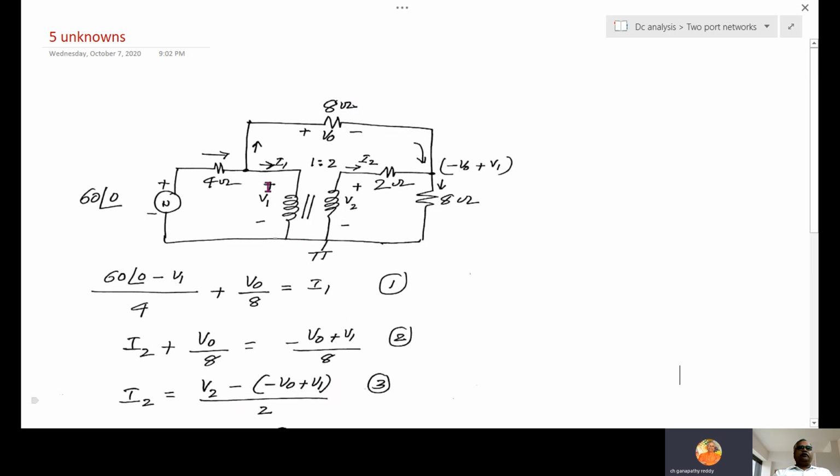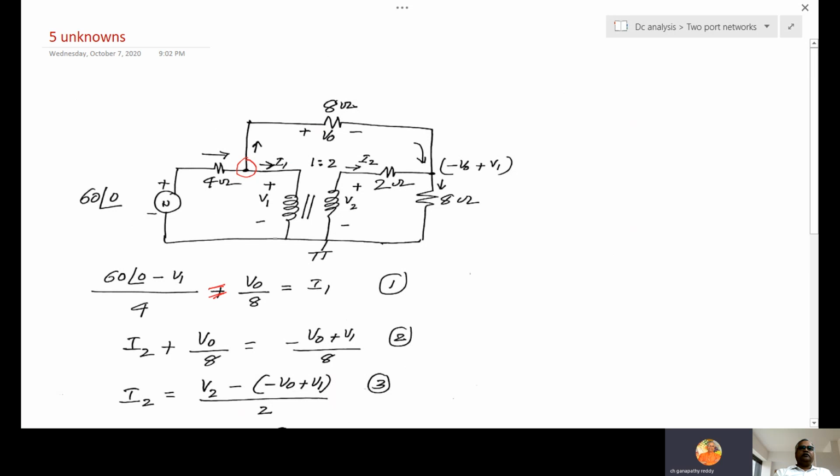Here voltage V1, here I1, I have written a nodal equation here. So 60 of 0 minus V1 by 4 is entering, equal to I1 plus V naught by 8.